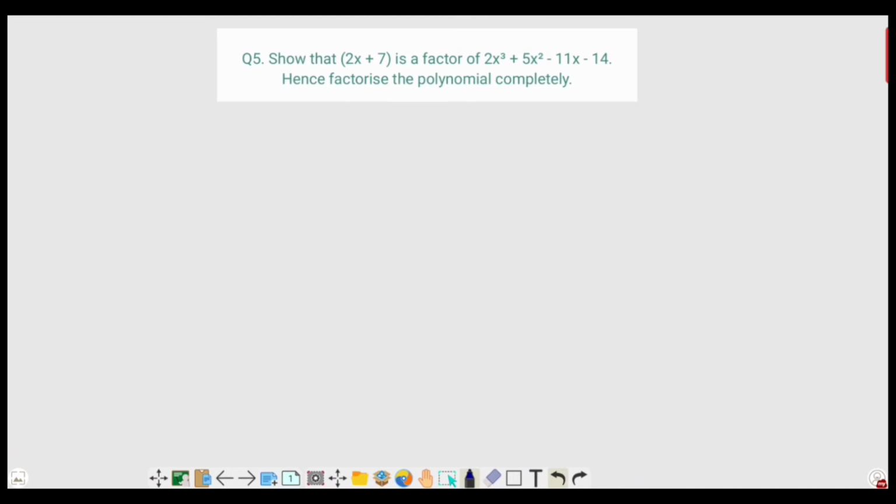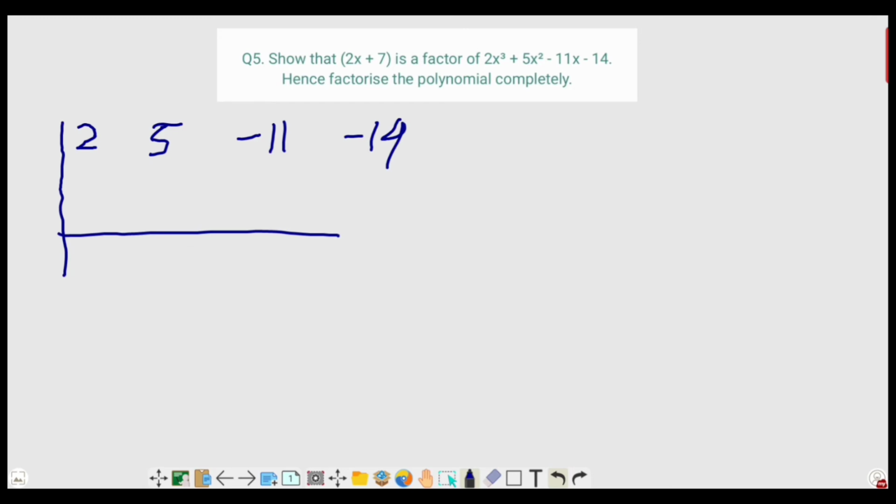Now let's perform the synthetic division. Here the first coefficient is 2, then 5, then minus 11, the last one is minus 14. Your value is minus 7 upon 2.